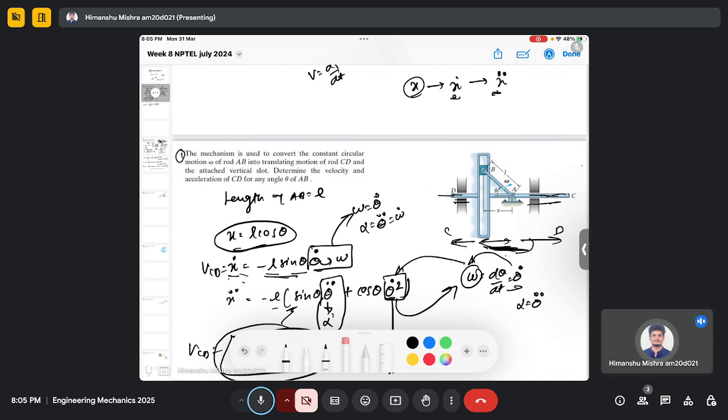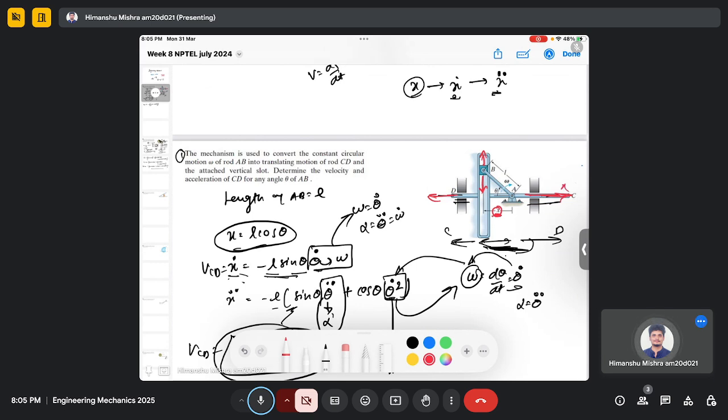Because this XC is not a constant, it is actually changing in time, because as this is going down or going up, this xc is either increasing or decreasing in time. So how xc is changing in time is actually creating this motion, which is exhibiting translation motion in the x direction.